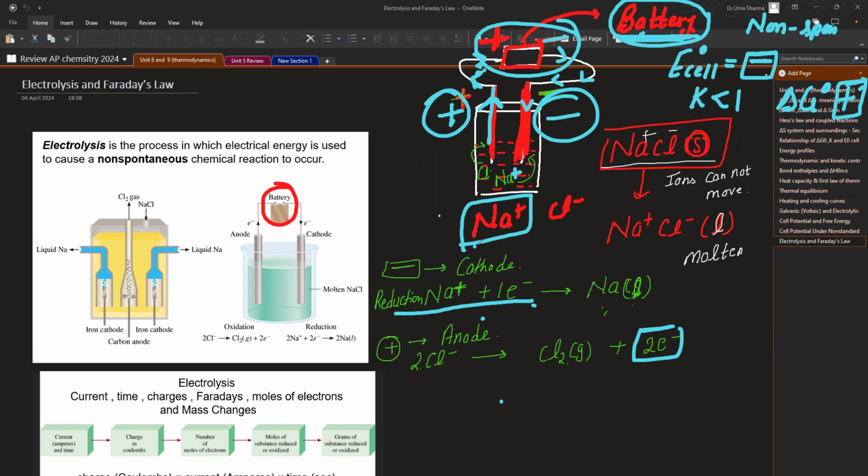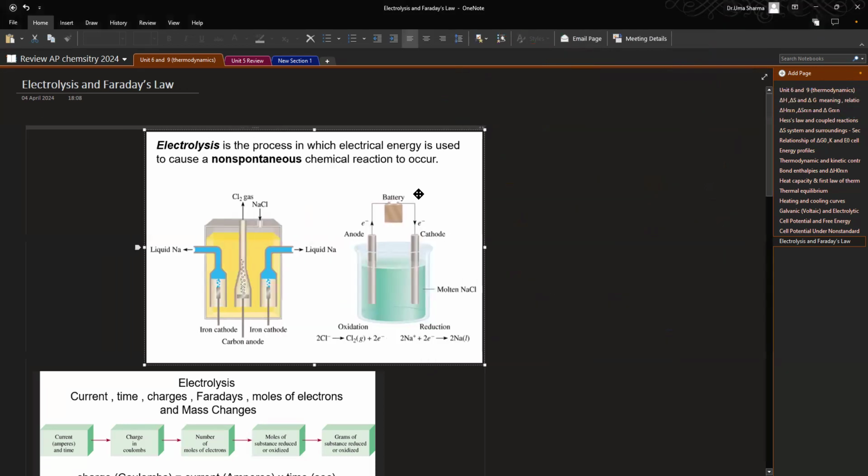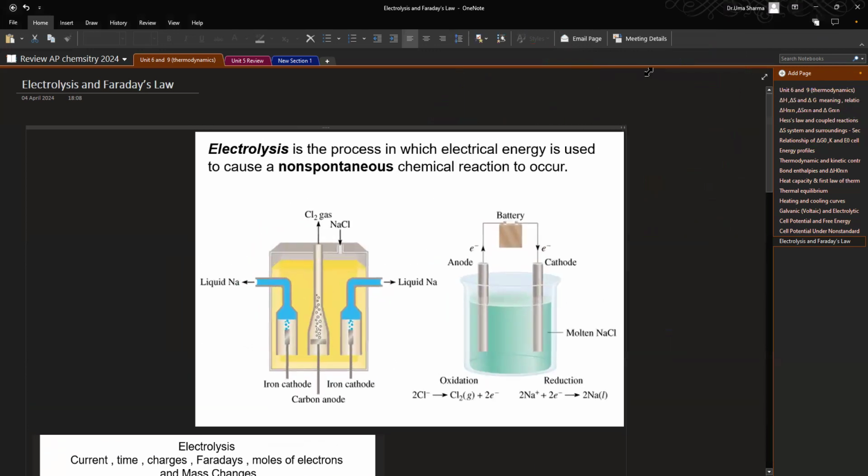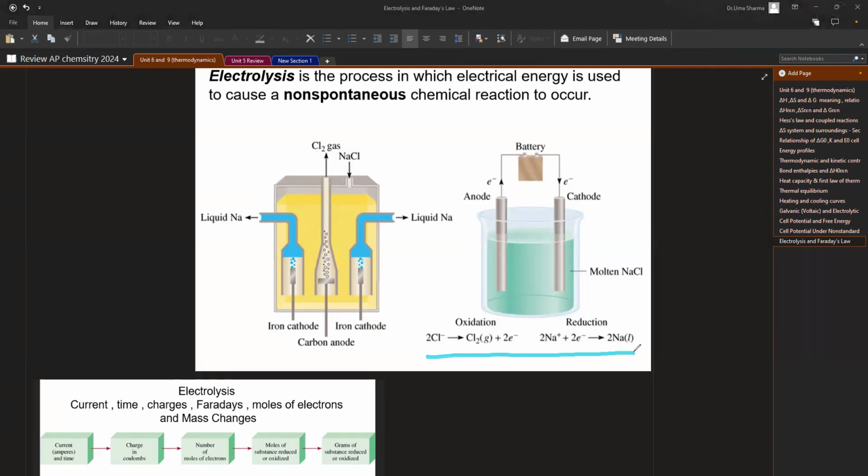Are we clear about this picture? Can you answer my questions? Look at this picture. The same reaction we have done. Can you tell me what is the charge on this anode? You can see Cl minus are moving.